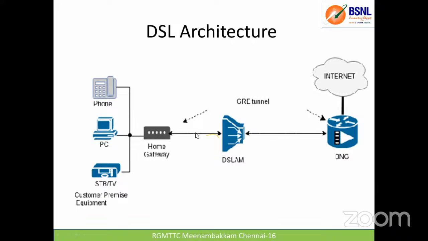From the splitter, it is connected to a DSLAM, a digital subscriber line access multiplexer. DSLAM collects the data of the different users and multiplexes the data, reducing the bandwidth needed. It transmits to the BNG or BRAS, Broadband Network Gateway or Broadband Remote Access Server.